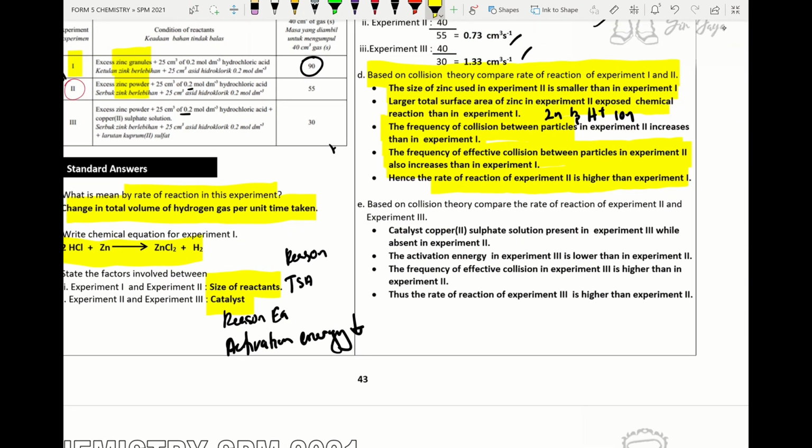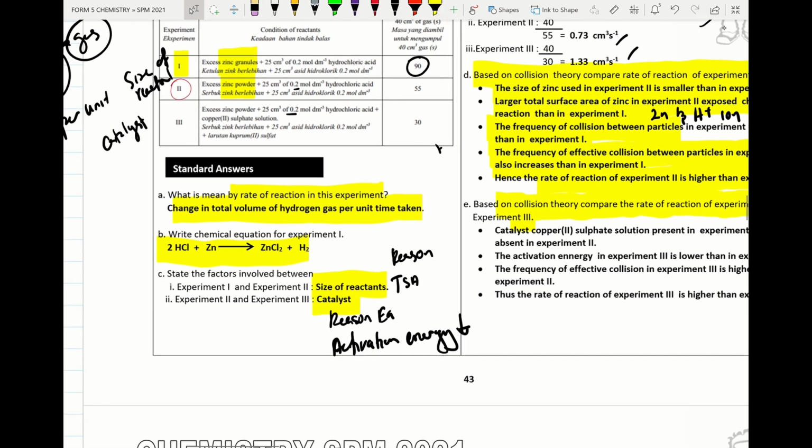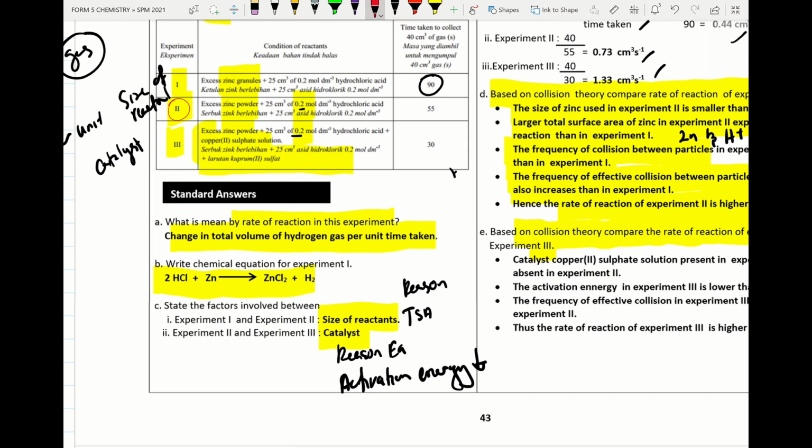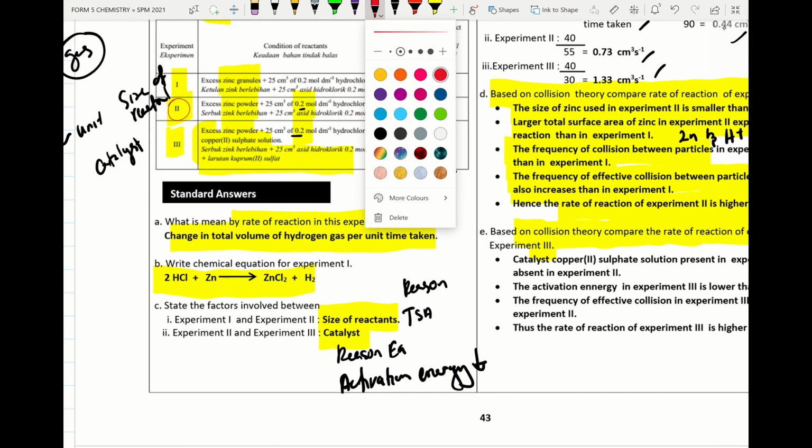All right, now we move on to question E. Based on collision theory, compare the rate of reaction of experiment 2 and 3. So experiment 2 and 3. Here the powder and concentration are the same, and they add copper 2 sulfate solution, and this copper 2 sulfate solution will act as catalyst.